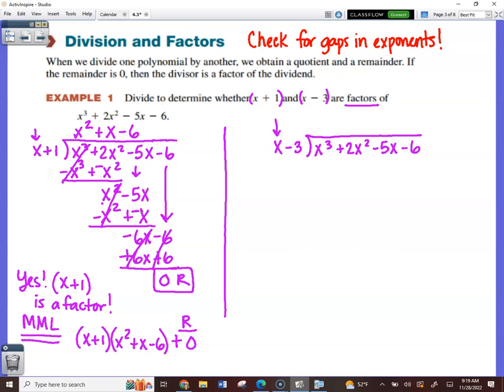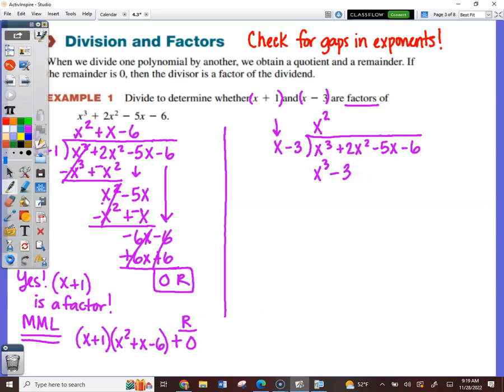All right, so watch. You say to yourself, x times what would give me x cubed? X squared. You write it, and then whatever you just said multiplies through the binomial, and you write it underneath. So that would give me x cubed minus 3x squared, right? Let me show you a little red flag that should come up.